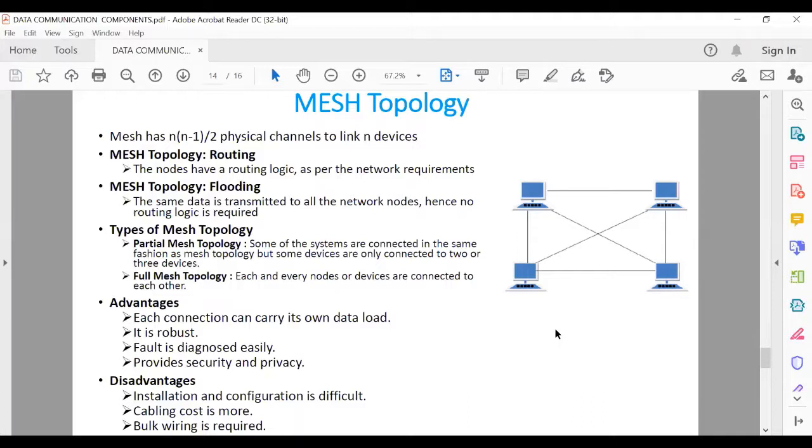It is basically a point-to-point connection to other nodes or other devices. Now, all the network nodes are connected to each other, and this network mesh has n(n-1)/2 physical channels to link n number of devices.